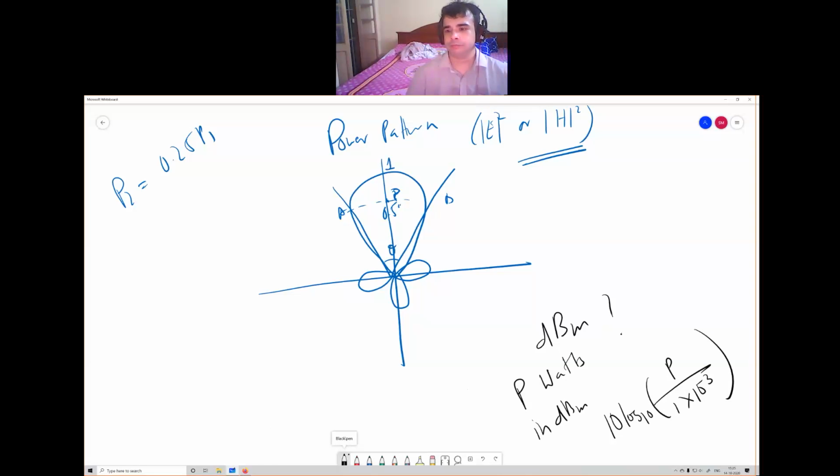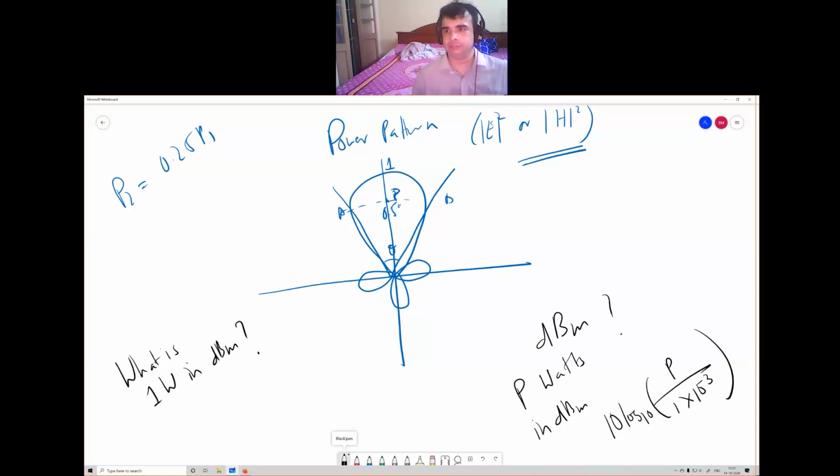So what is 1 watt in dBm? Often the received power is measured in dBm, very often, not in watts. We will see why when we see the link budget structures.